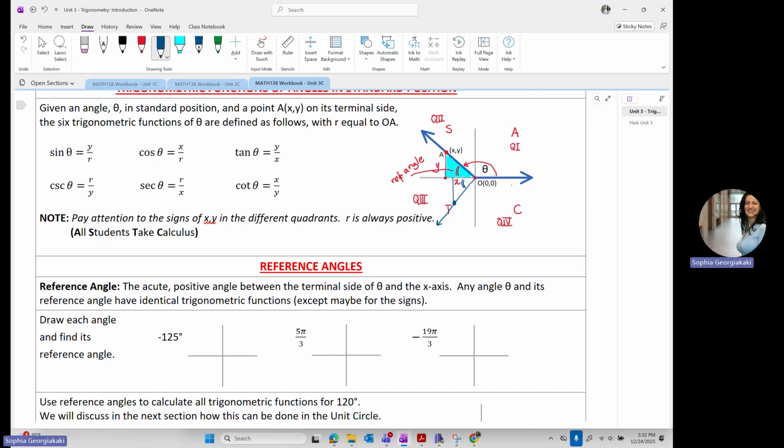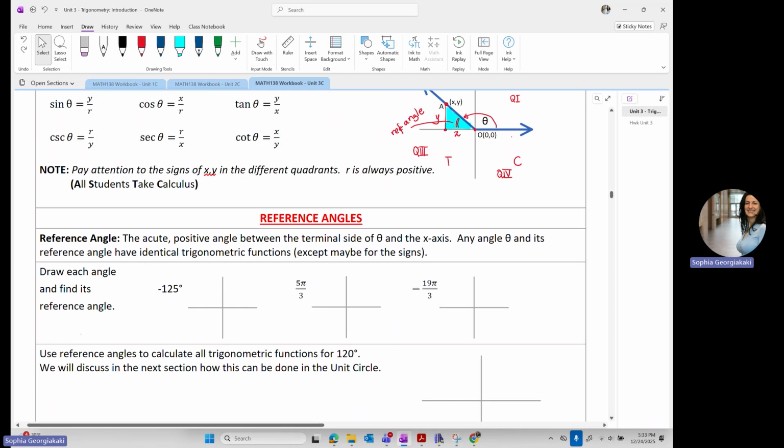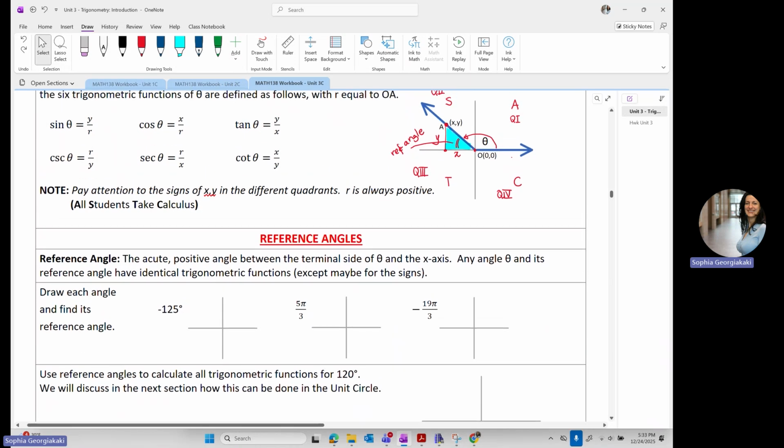Therefore, the y and the x values and the r have the same absolute value, but the signs are different depending on the quadrant that I'm in. So the reference angle is a great way for us to remember only acute angle or right angle trigonometry and then generalize it to the Cartesian coordinate system.